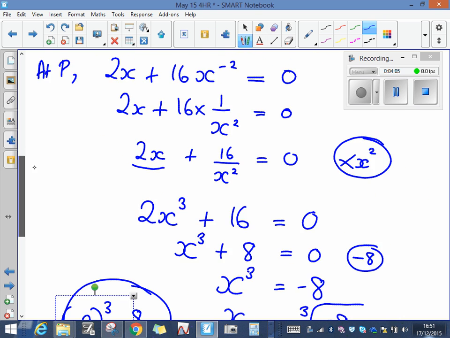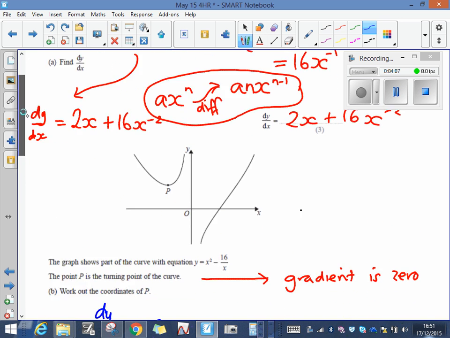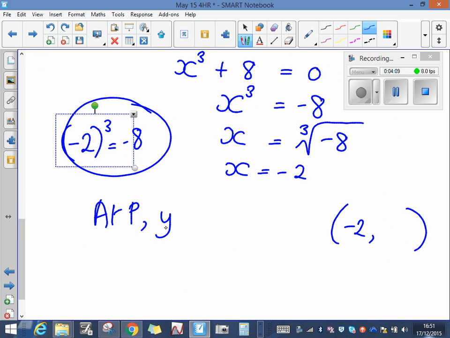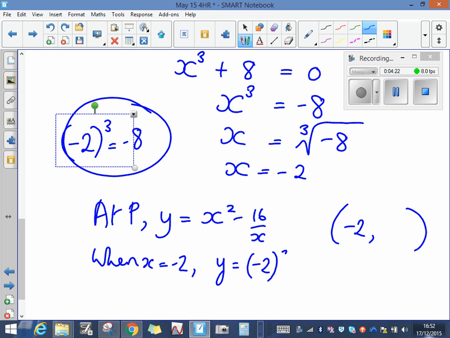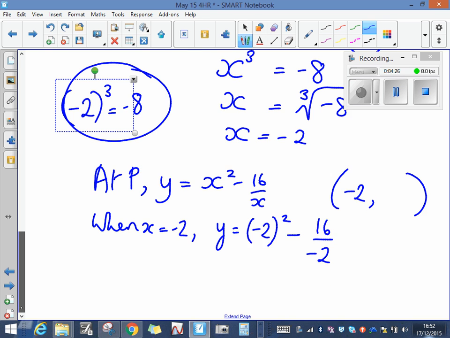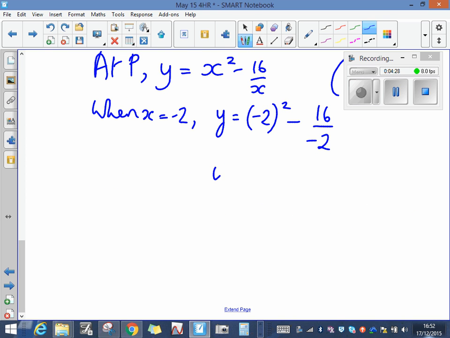Well, if we go back to the original equation of the curve, y is equal to x squared minus 16 over x. So when x is minus 2, y is going to be minus 2 squared minus 16 over minus 2. Now you can put that into your calculator, or you can just work it out.